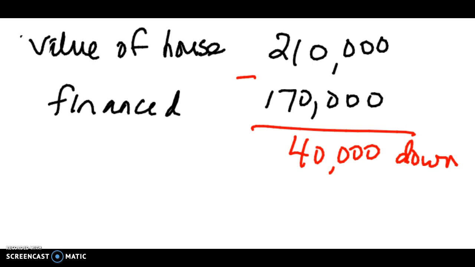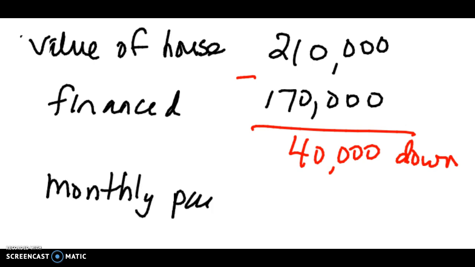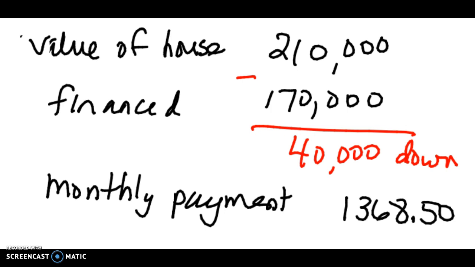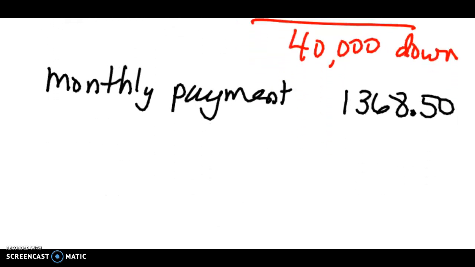Okay, now we're going to keep that number in mind. But also, their monthly mortgage payment, including principal and interest, was $1,368.50. They pay this every month for the term of their loan. How long is their loan term?